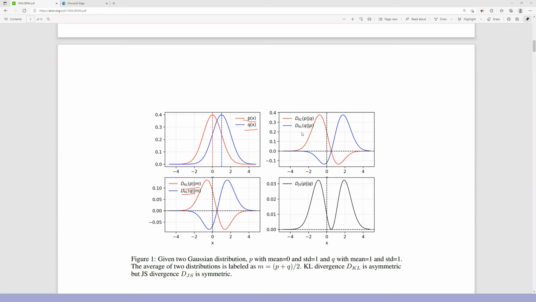So if you can see from here, these two are the differences between the D of JS P Q and D of KL P Q, D of KL Q P. Yes, these are the original figures. So, yep, this is the right way of representing.